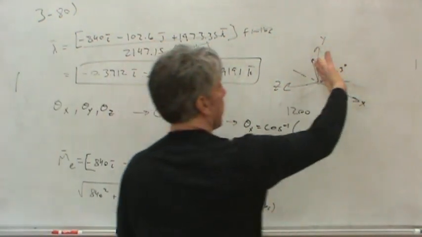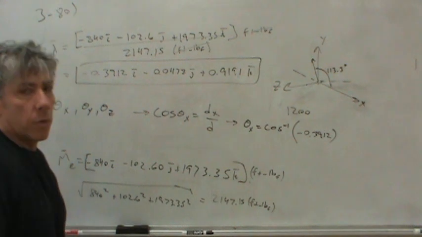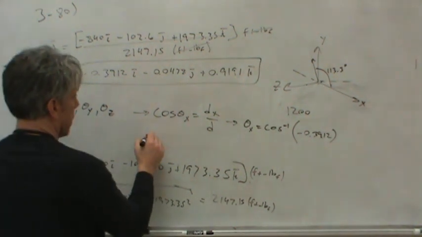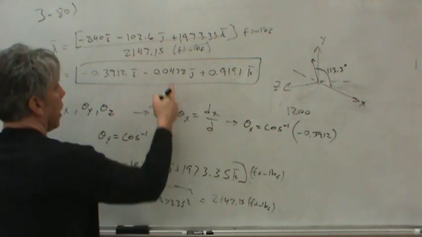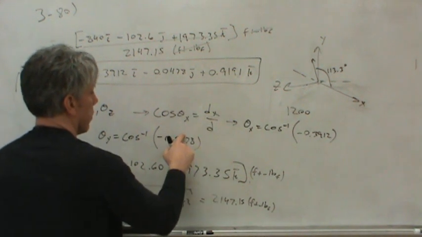Now, this is in a plane, and this plane can move around, right? I don't know where that plane is yet, but we're going to find out. Because the next thing to do is say that theta y is the inverse cosine of negative 0.0478. What do we get when we do that?